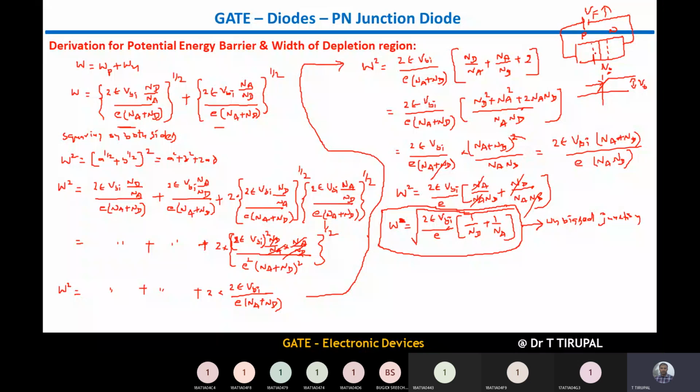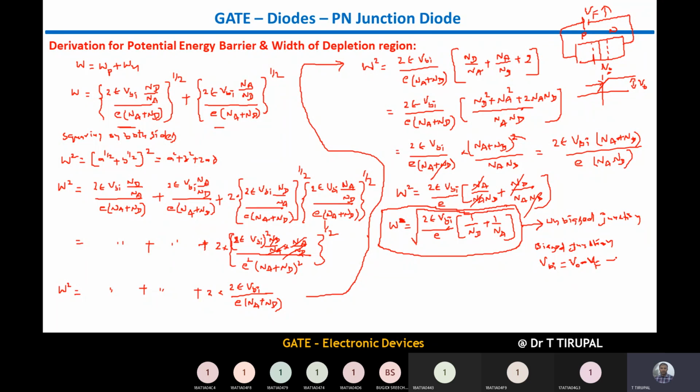No, so therefore, for a biased junction, what happens? For a biased junction, built-in potential VBI is equal to V0 minus VF if it is forward bias, because V0 is decreasing.